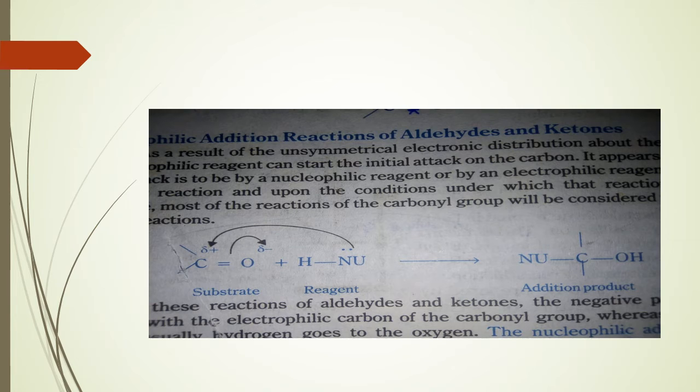If you look at the carbonyl compounds, carbon carries the positive charge, it shows the electrophilic center, and oxygen carries the negative charge, it shows the nucleophilic character. So a nucleophile is easily added on the electrophilic center due to this unequal electronic distribution.